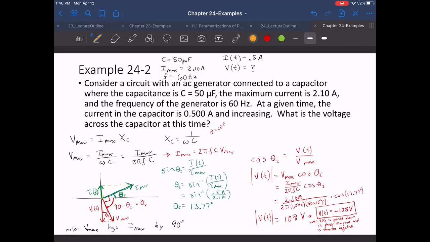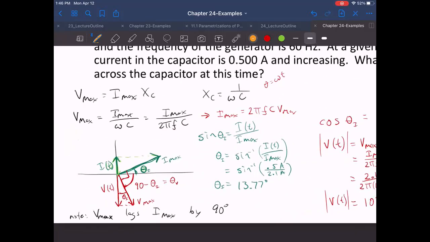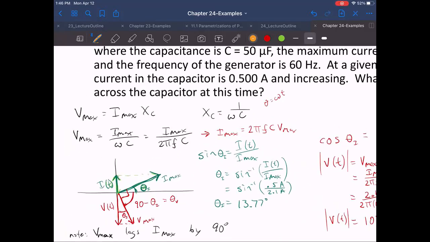So when I looked at this, I said that V_max was I_max times the reactance. That tells me that V_max is I_max over omega C, because that's what the reactance is. And so V_max is I_max over 2 pi f C, since we have the frequency. You can then solve that, and your maximum current is 2 pi f C times V_max.